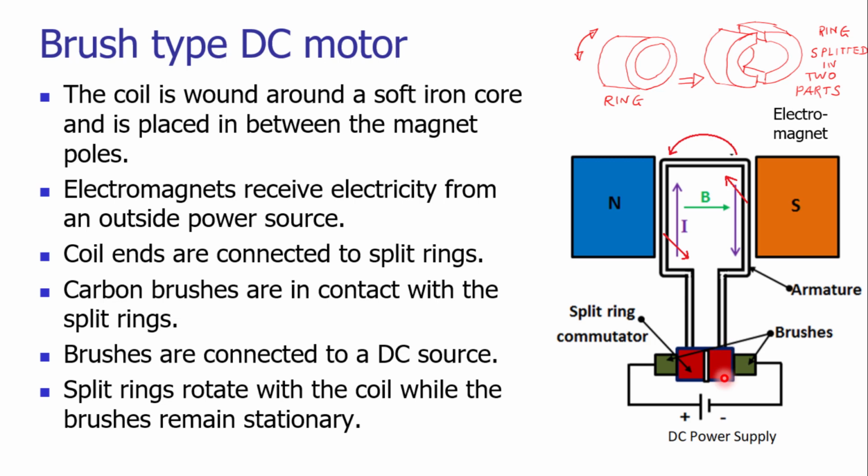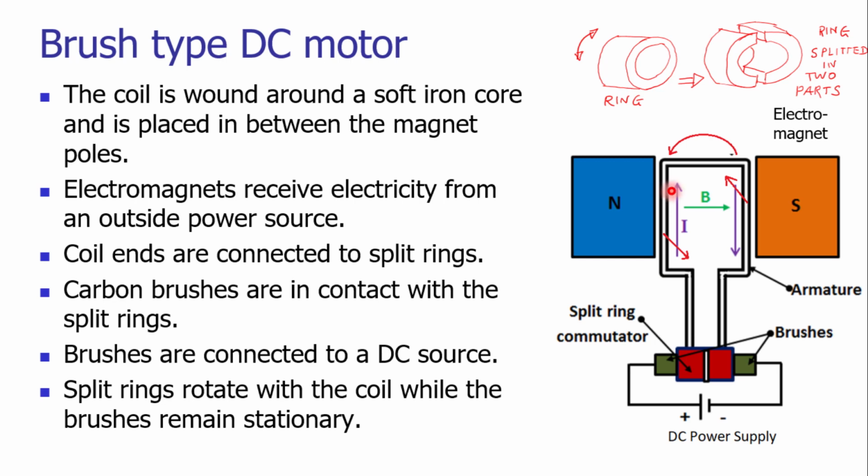Due to this rotation, there is a change in the direction of the current. So this portion will come over here, and since the polarity is changed for this portion, we can call this portion the half portion.